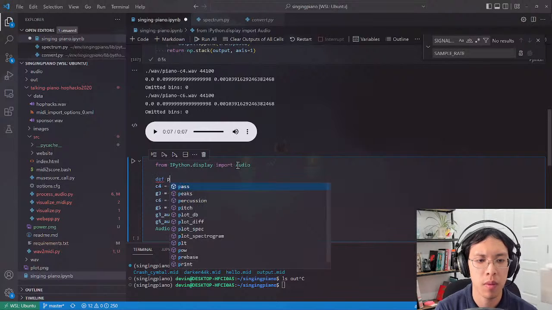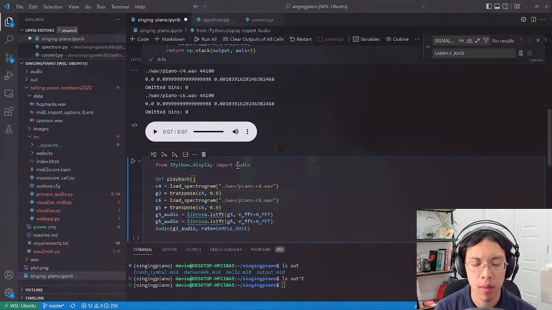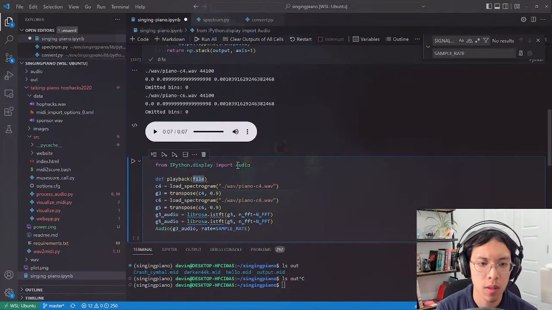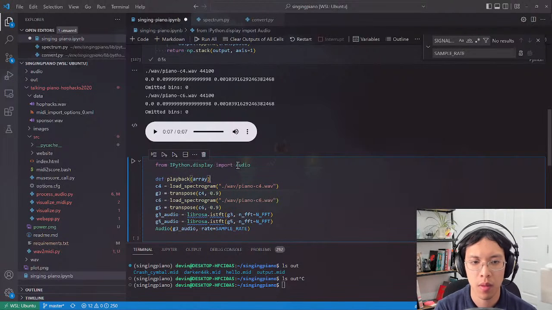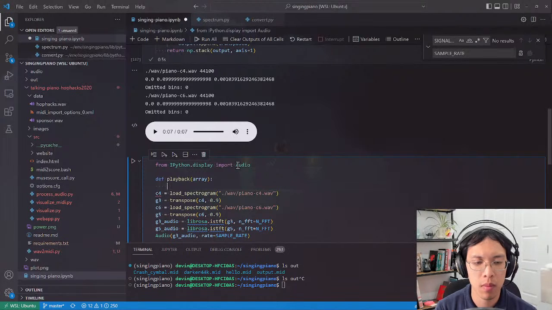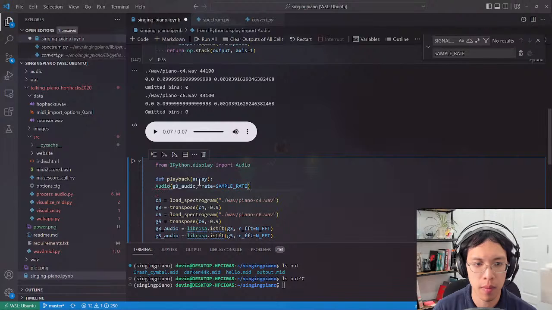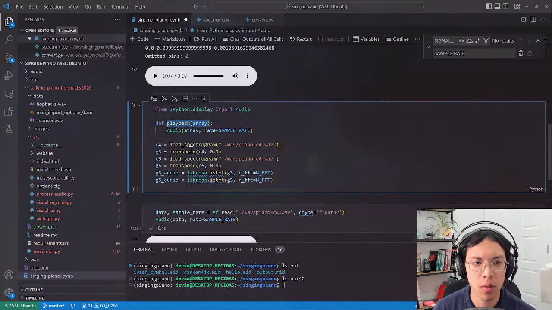Def playback, and I'll have a file, or you know what, just an array. So here I will just have to run this, I think. Yep. Okay, so now if I want, I can probably do something like this.